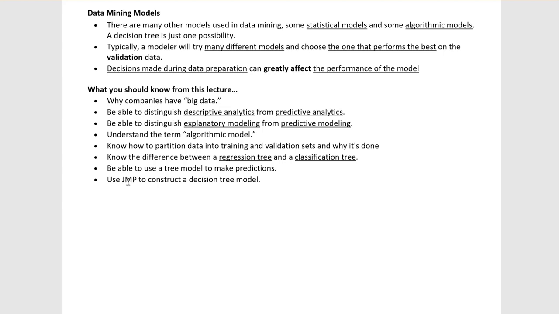And then you also need to know how to use JMP to construct a decision tree model. Although you will have the outputs in your exam, for data analysis 3 you still need to know how to use JMP to construct a decision tree model, right? We'll talk about this later in data analysis 3.